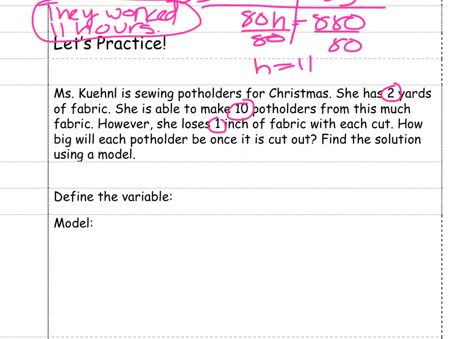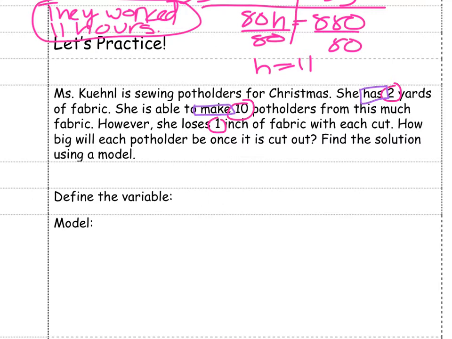So let's start. I started circling as I was going. You can do that if you want to, but I kind of like to. So she has 2 yards of fabric. So this is what she's starting with. She's able to make 10 potholders from this much fabric.